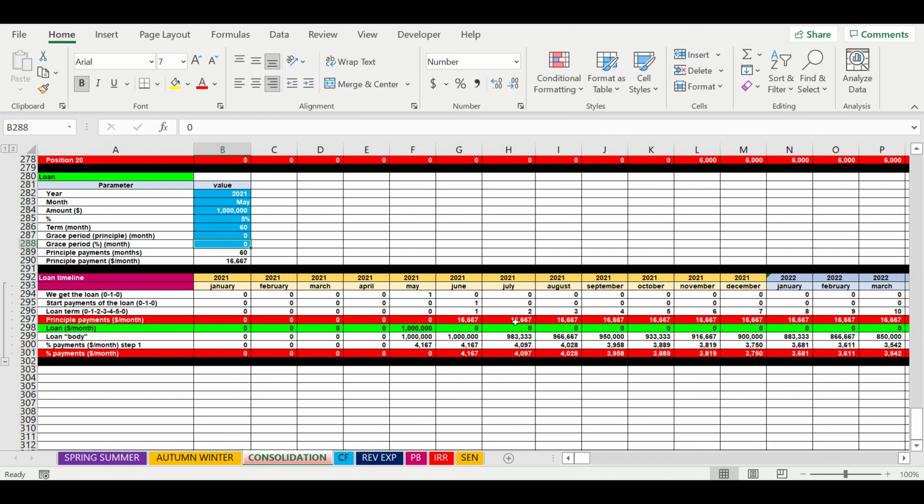So here you just specify, and here you can see the payments of principal, and here you can see interest payments. So we take the loan and start paying principal and interest.